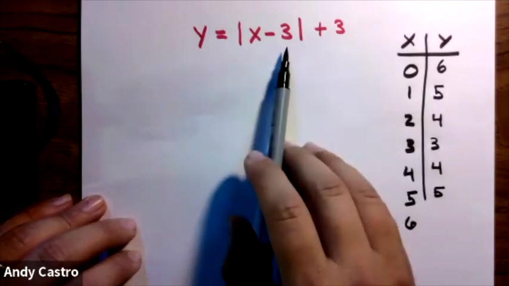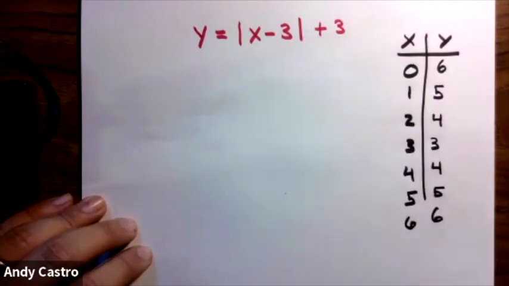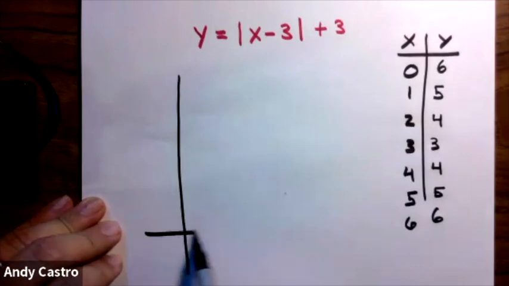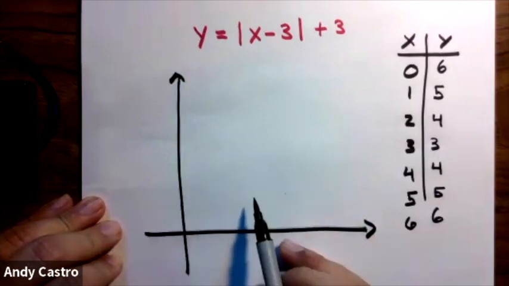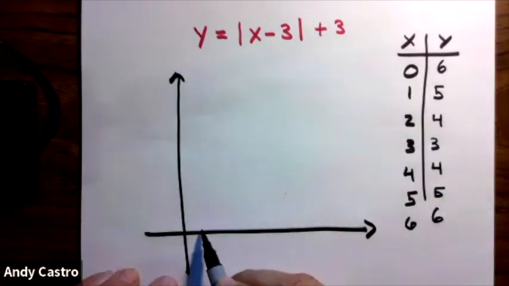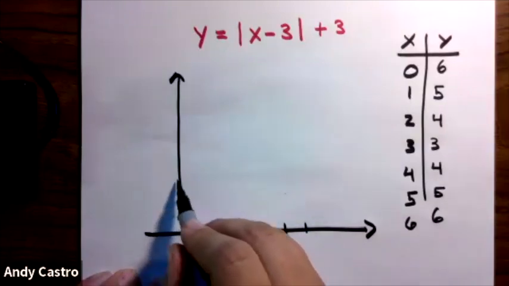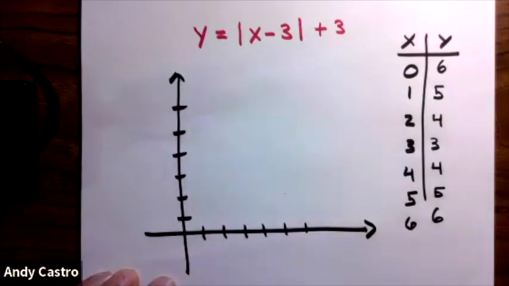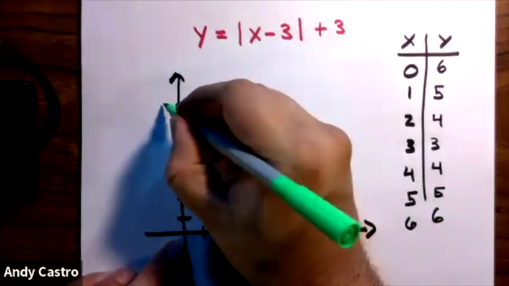Absolute value of 3 is 3, plus 3 is 6. So now when I go to graph, I don't have any negatives, so that's why I'm only drawing the first quadrant here. 1, 2, 3, 4, 5, 6. All right. 0, positive 6.